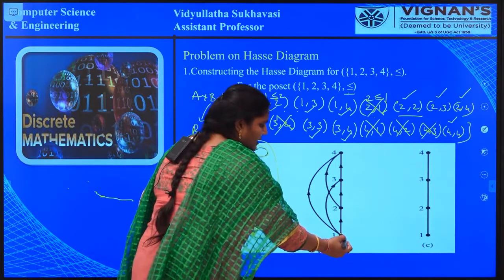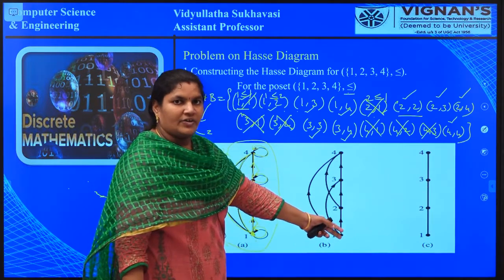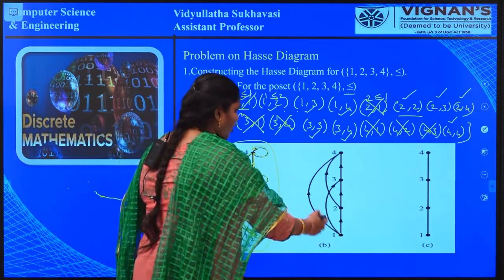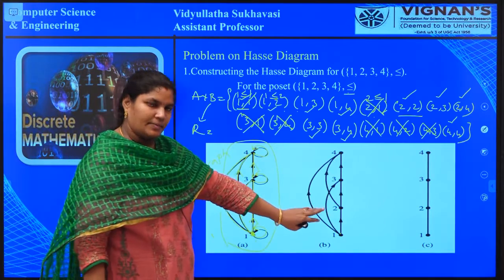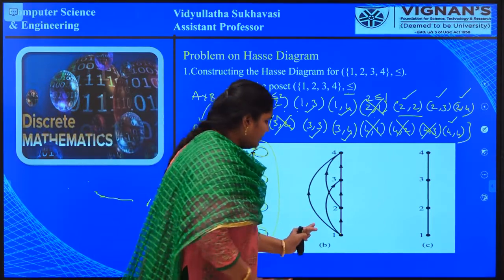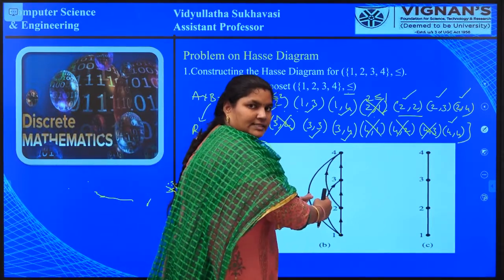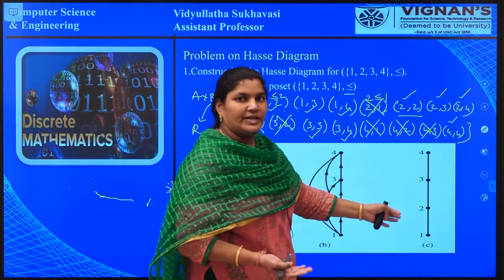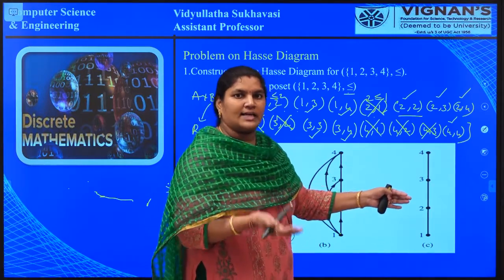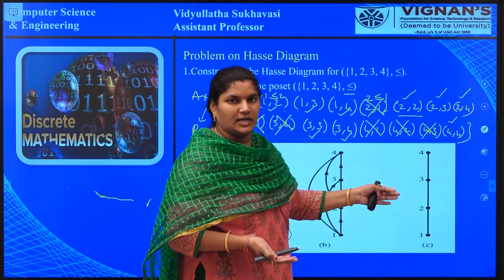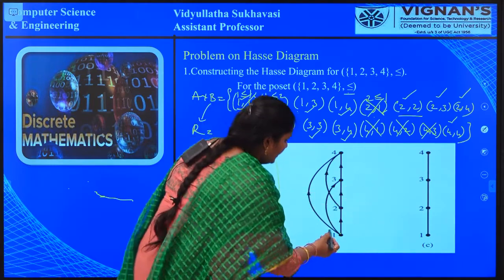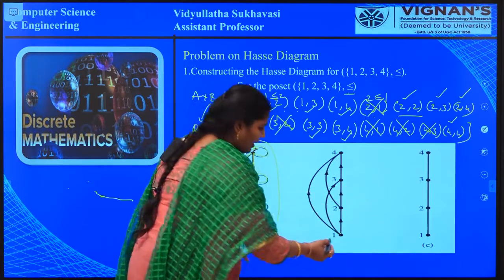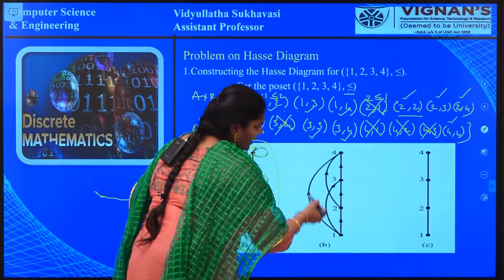Here in the second step we are removing loops, and all the transitive pairs are represented. After this second step, we need to remove all the transitive edges which are present in the relation R. See here, 1 to 2 we have drawn, and again from 1 to 3, 1 to 4.